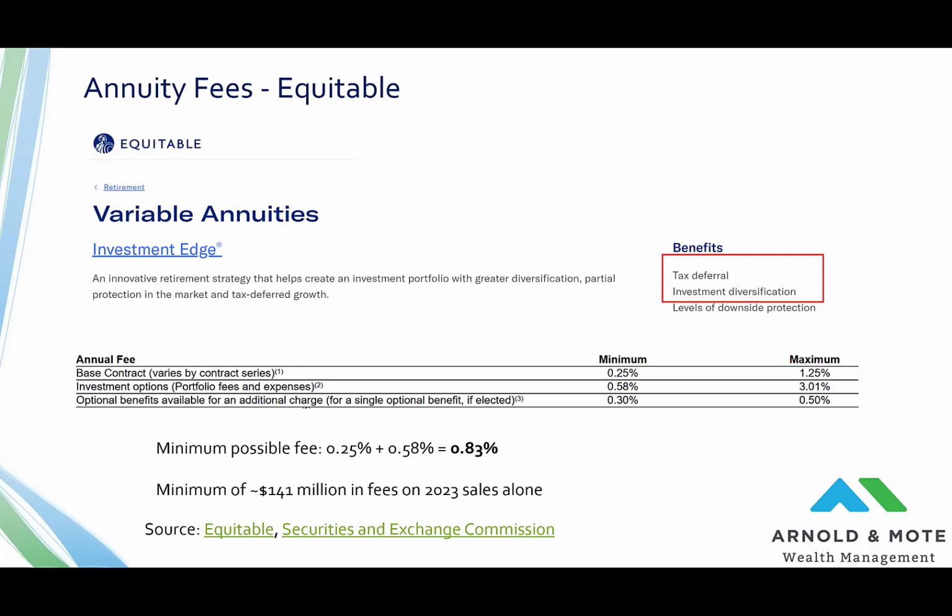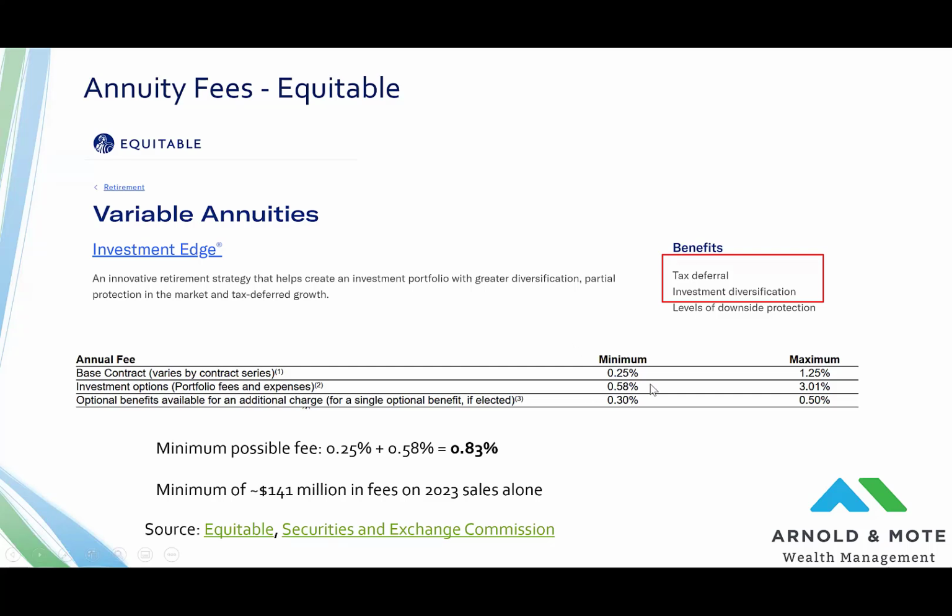So Equitable has their Investment Edge line of variable annuities. Again, they're highlighting that tax deferral, diversification that you can get. And if you look in the prospectus that they have to file with the SEC, they have to list the fees in there. It's kind of hard to find this on their website, believe it or not, but the SEC requires it to be in their filings.